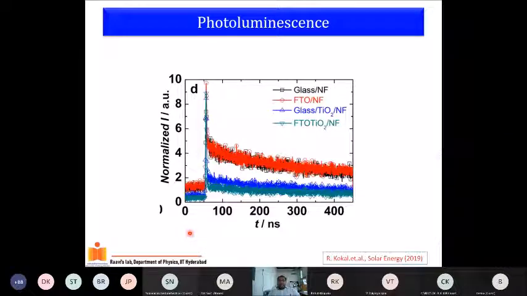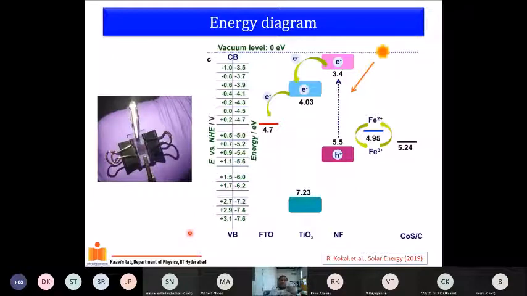Finally, if we want to use this dye on titania for DSSC, you should use components where the energetics are matched. In fact, this is the point here. This dye is found to have the HOMO-LUMO level, which is here, LUMO of 3.4 and HOMO of 5.5. And this LUMO of the dye is higher than that of the conduction band of the titania.